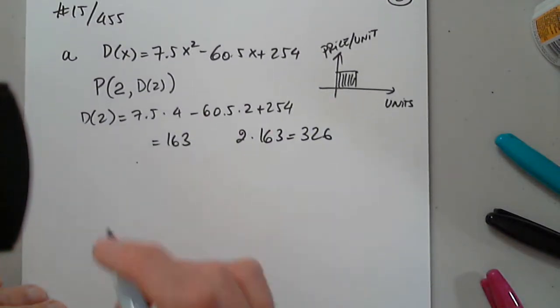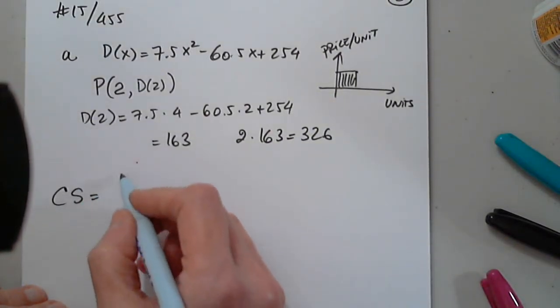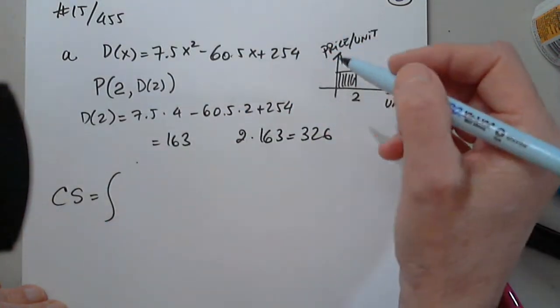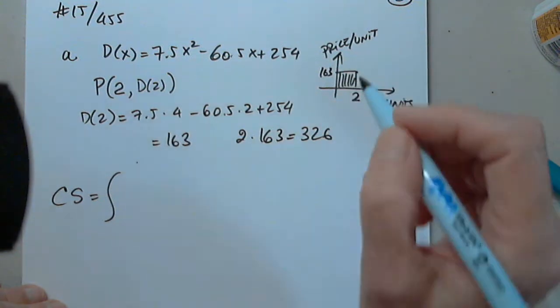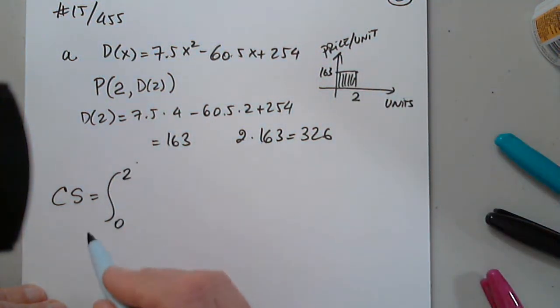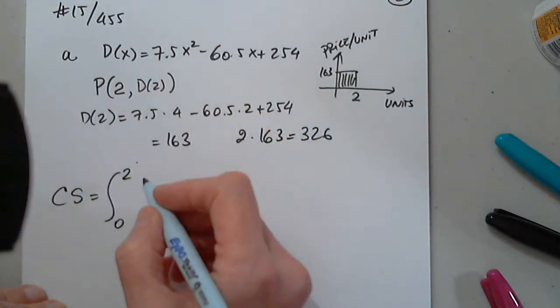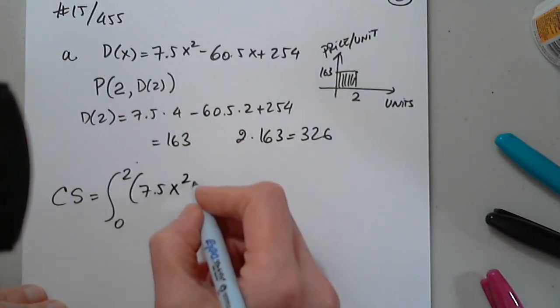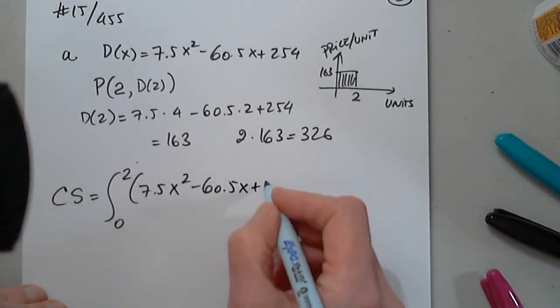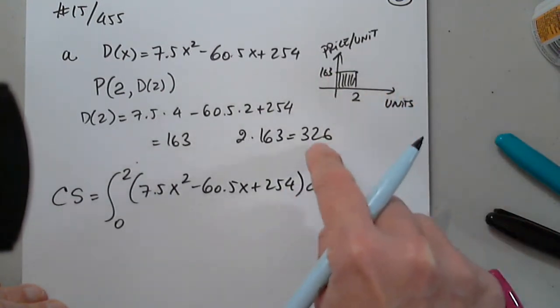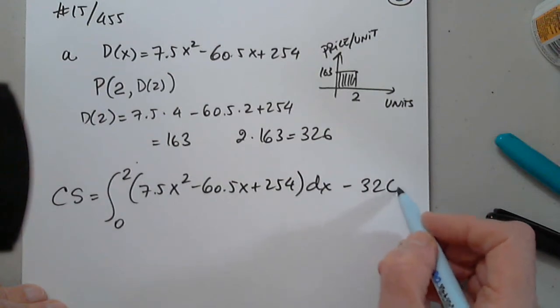So now to determine the consumer surplus, we have the integral from 0 to 2 of d of x dx, and minus this area, 326.